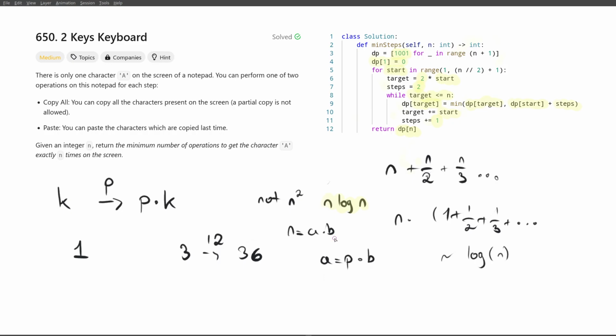Or we can generate b and then generate a times b, following the process to generate a. And as it turns out, as long as we only stick to prime numbers, then we will get to an optimal solution, and in that case, of course, it doesn't matter the order in which we do it.